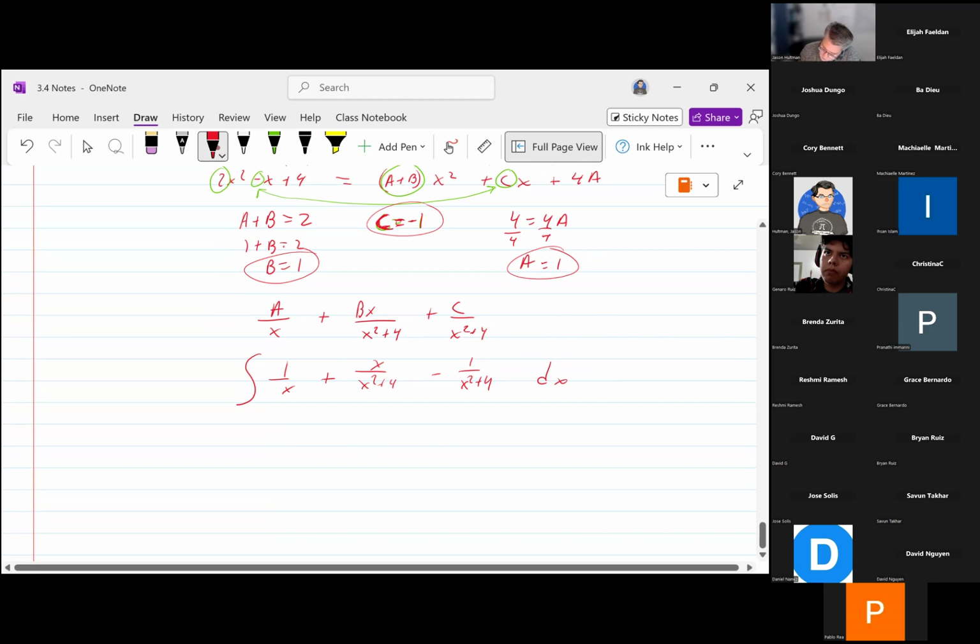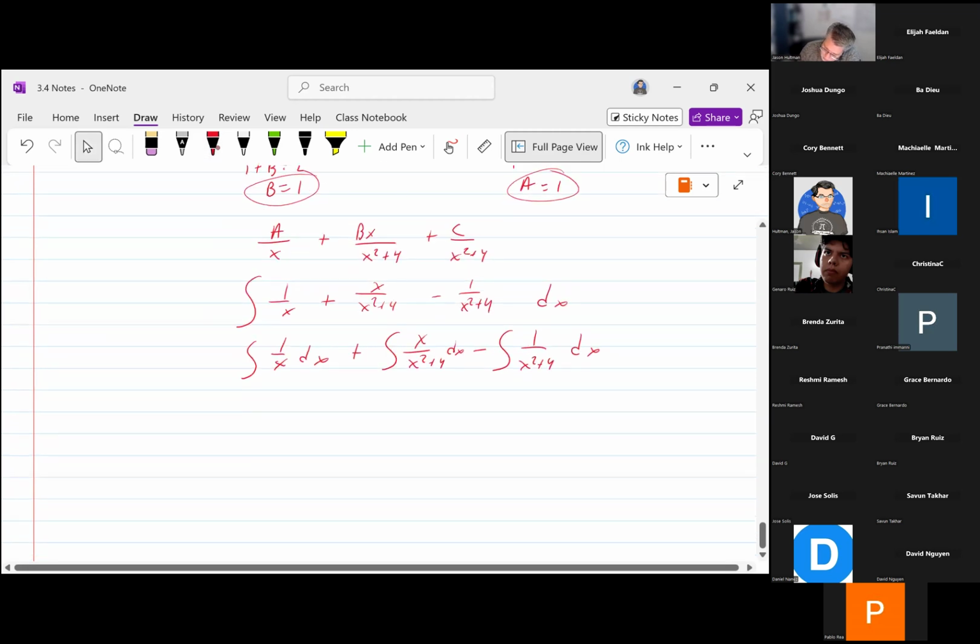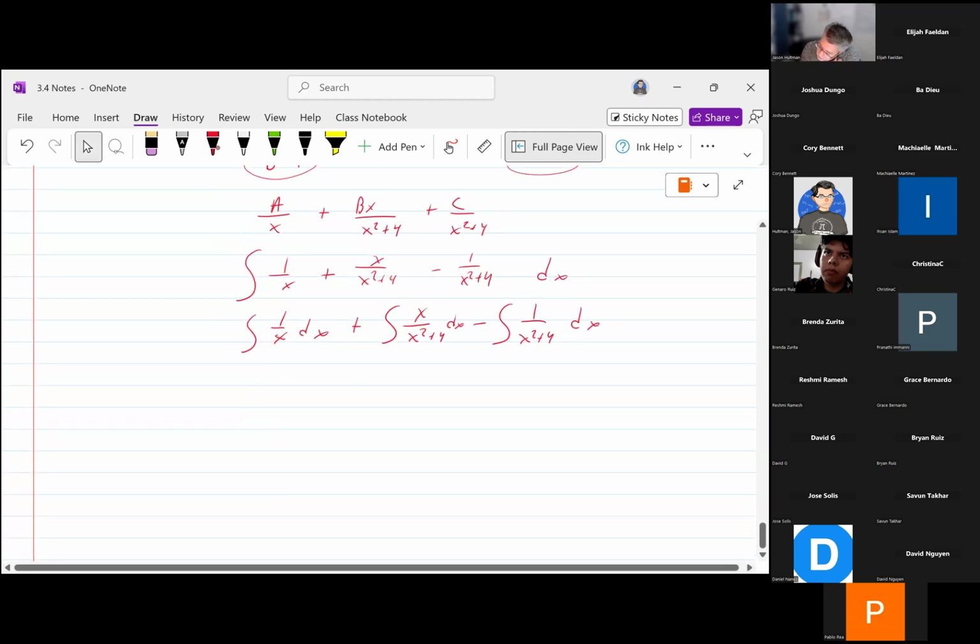Well, the first one is pretty easy. Let's break it up into 3 integrations, the last being 1 over x squared plus 4 dx. The first one's just natural log, right? That's just natural log of x. The second one is a u substitution, which is kind of nice.